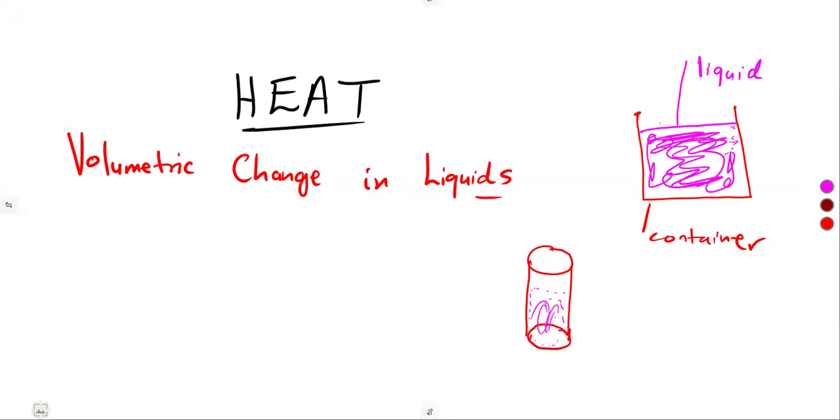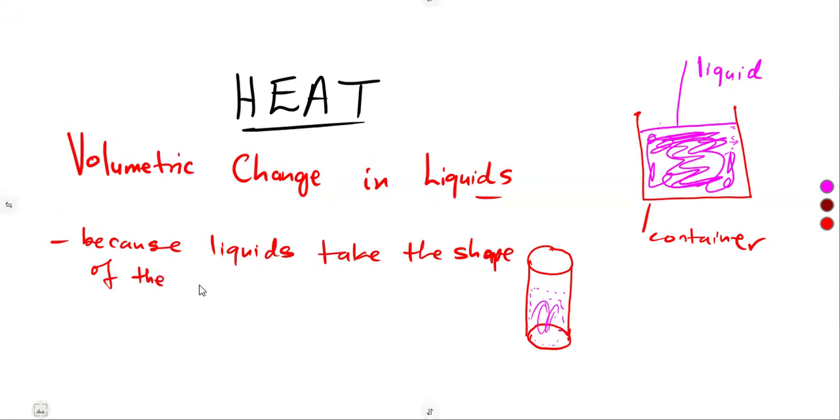So when dealing with a liquid, because liquids take the shape of the container, they take the shape of the container only, all right?